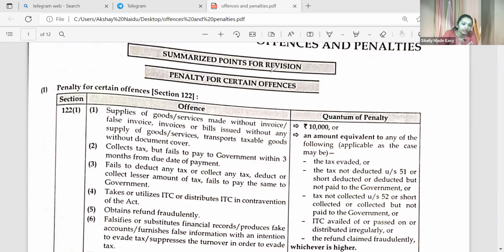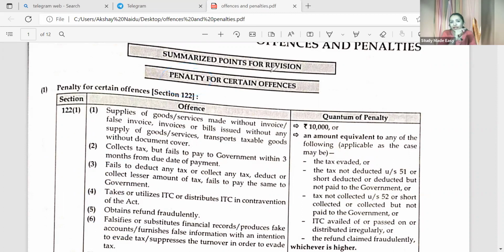Now this demand notice might be under section 73 or section 74. In such a case, demand will be raised. Now penalty should also be levied.